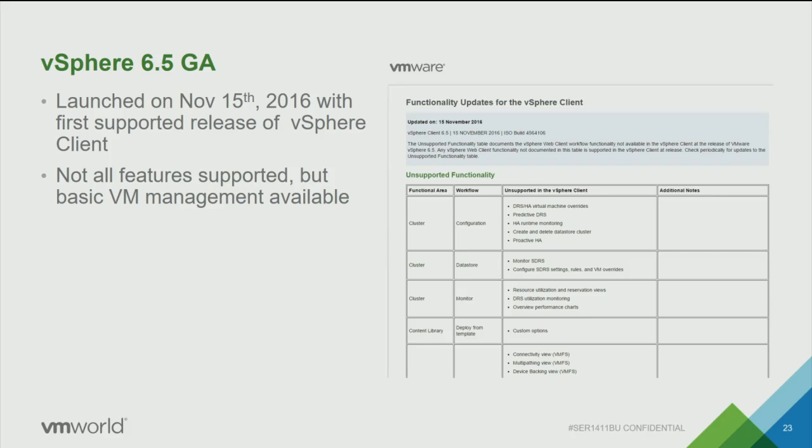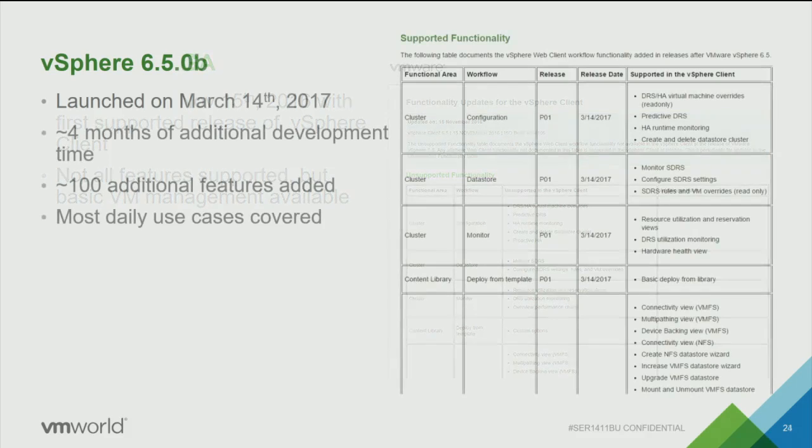Once we released the 6.5 GA last November, we had supported roughly 30% of the functionality which the normal user would be able to do in the HTML5 client. But in order to make the transition faster, we wanted to make sure that every 3 or 4 months, we keep on adding more and more functionality to the HTML5 client so that you could all benefit by having the latest updates.